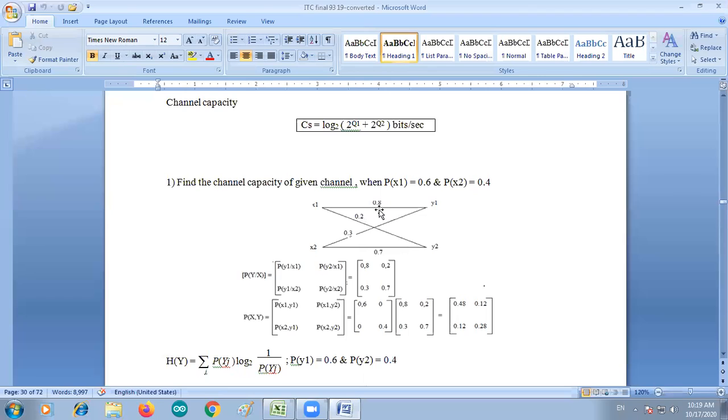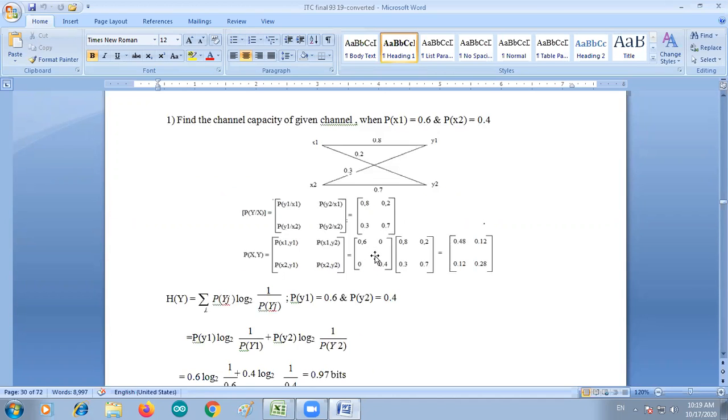So the probabilities are 0.8, 0.2, 0.3, 0.7. It's given. So simply you have to arrange the channel matrix P11, P12, P21, P22.